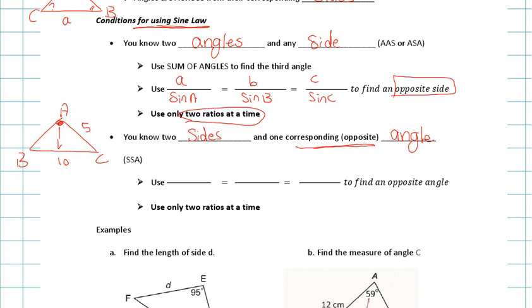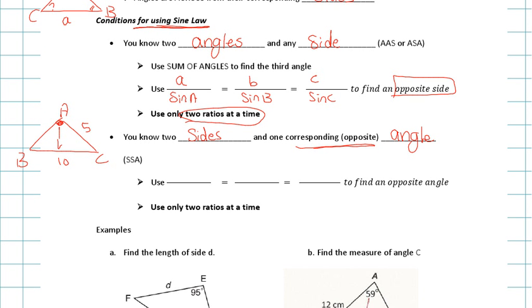Now in this case, if I know what angle A is, and I know what side a is, what angle do you think I'm going to be looking for? I'm looking for angle B. Why? Because I know side b. Remember that the ratio is b and B, a and A. So that means I'm going to have to use this.